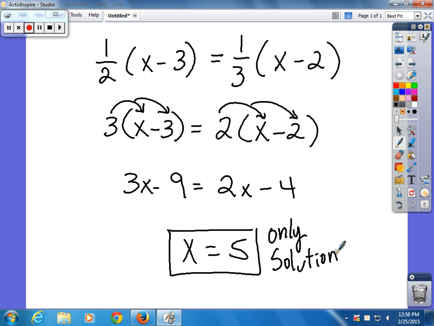Now, it's important that you think about that before we go into inequalities, because inequalities, you have a set of numbers that work. This is the only number that will make this equation what? Equal to each side. Okay? And that's 6.2.